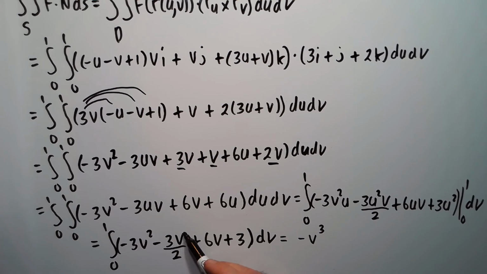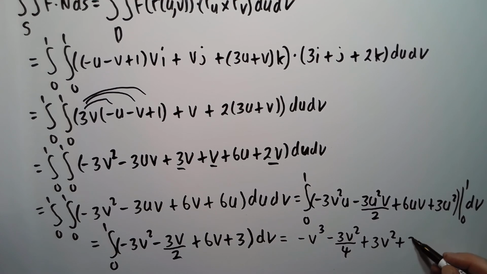And this will become v squared over 2, is already 2 down there, so it'll be minus 3v squared over 4. And this 6v becomes 3v squared, and 3 becomes 3v, evaluated at 0 and 1.